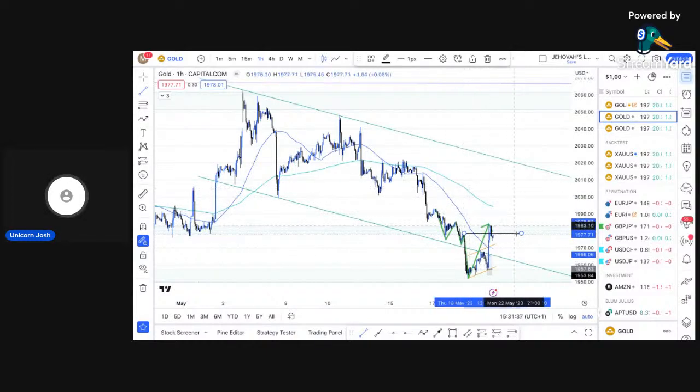Where's the trend line for this trend down? This is the trend line. You can see the trend line respects the lower highs. Trend line respects pivot lower highs for this move. So for this move, starting from here, then we have our trend line.